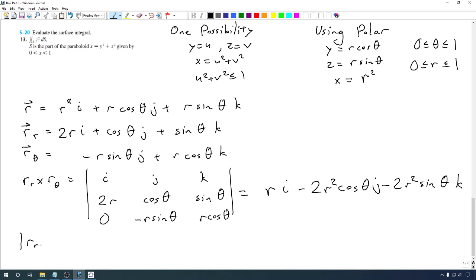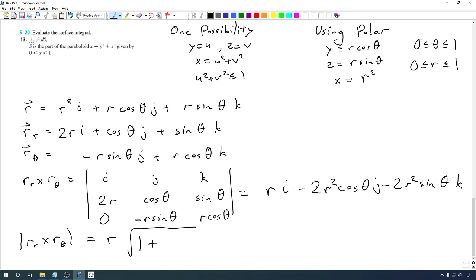When we take the magnitude of this, because that's what we're going to need for our surface integral, we're just going to square all these and add them together. Of course, everything here has an r in it already, so I'm going to pull that r out. Here, we're just taking the square of 1.